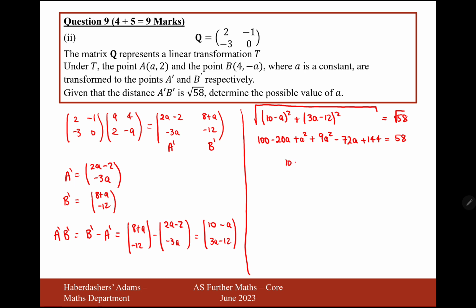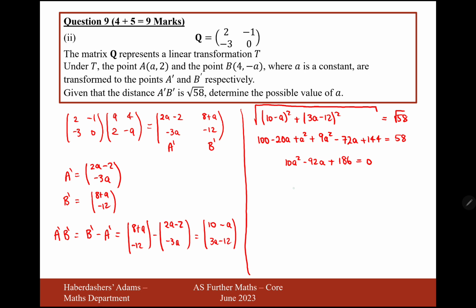Let's create a quadratic here, so it's going to be minus 92a, and if we move everything onto the left, we get 10a squared minus 92a plus 186 equals 0.